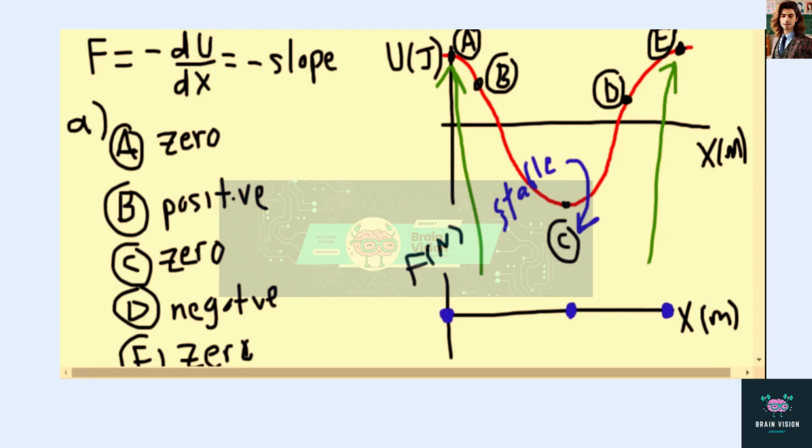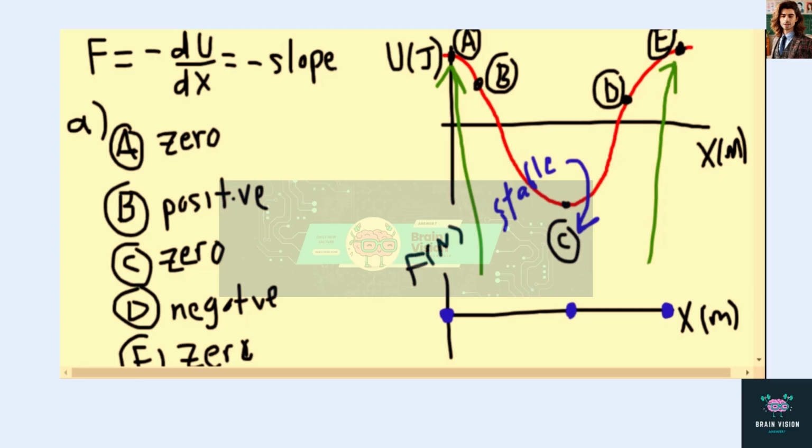Now, the slope is maximum in magnitude when the slope is greatest, and it looks to me like the slope is greatest where it crosses the x-axis.